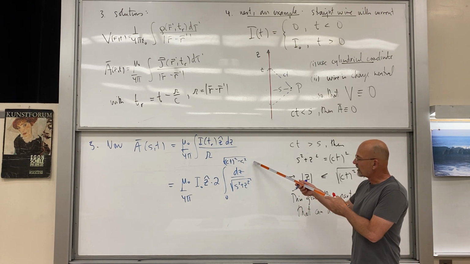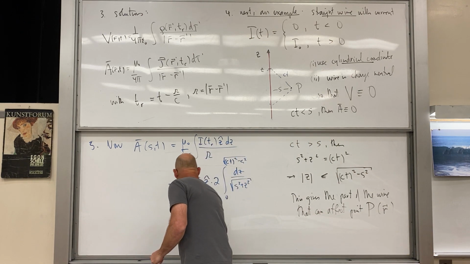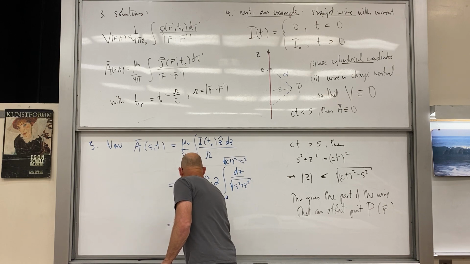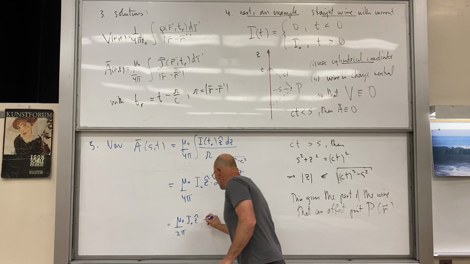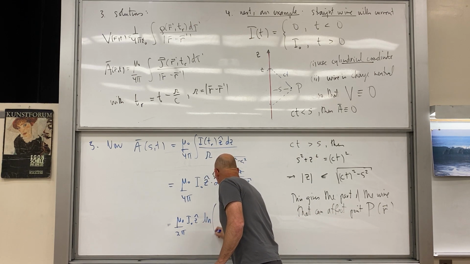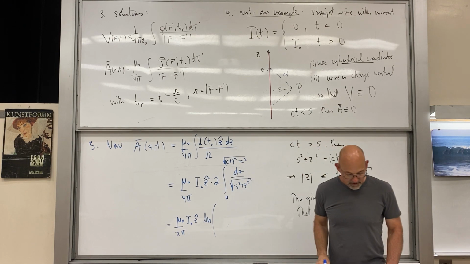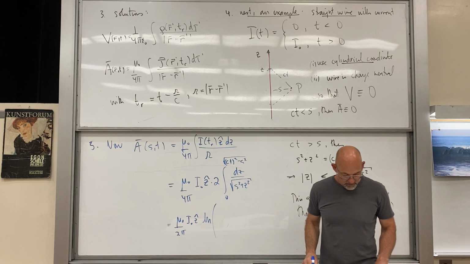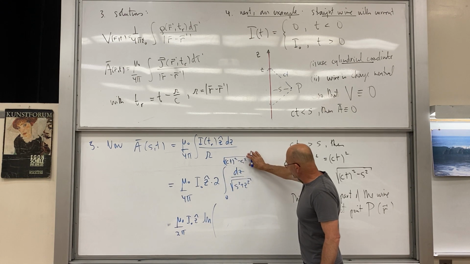All right, good. So now let's do this integral. Write it down. So we've got mu naught over 2 pi, put the I0 and the z hat, and this is the natural logarithm of the argument plus z, in the form root s squared plus z squared plus z.